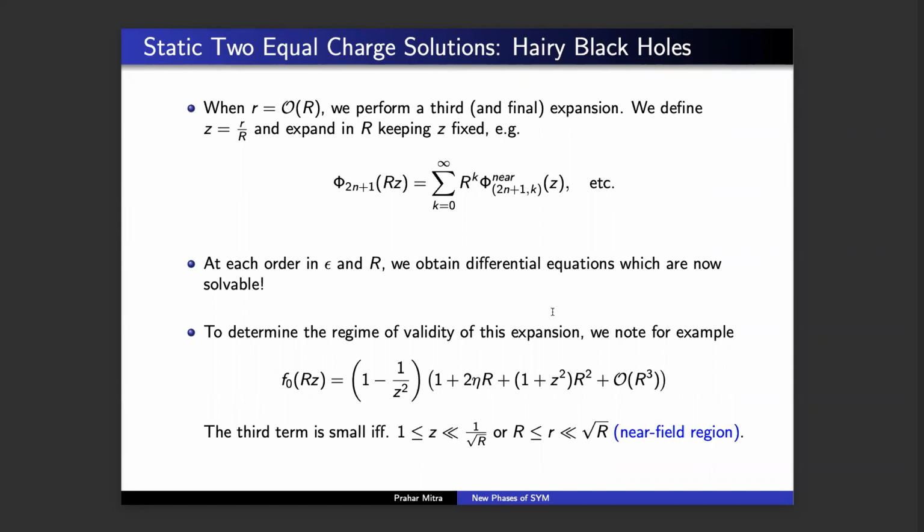So if I'm taking gamma to 0, the perturbative expansion breaks down exponentially close to the horizon. You cannot construct the solution all the way down to the horizon, which is what we would like to do, which is why this method cannot be used to construct exactly extremal solutions.